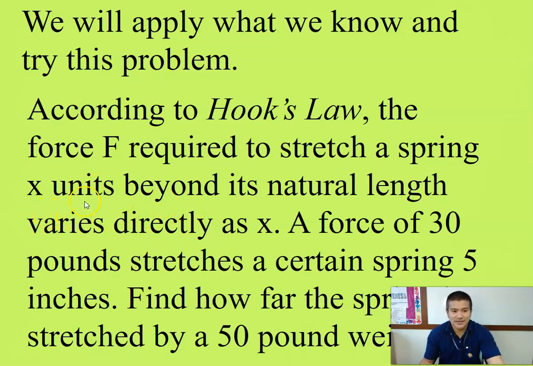Because we have here the clue: it says that the force varies directly as x. How will we know which one is y and which one is x? The first variable given is the force required to stretch a spring, so y is the force, and the spring stretch is x.